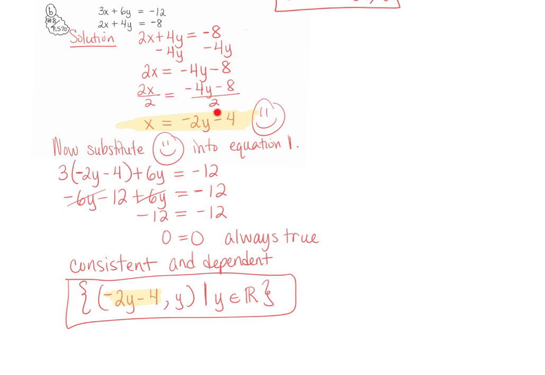Negative 8 over 2 is negative 4. So what we did was the 2's cancel out. And that leaves you with a negative 2y and a negative 4.